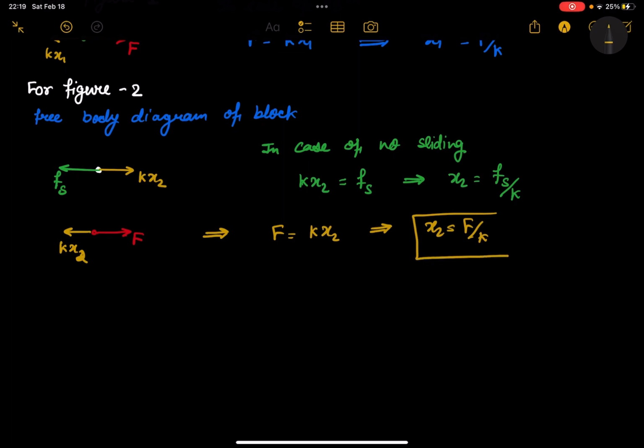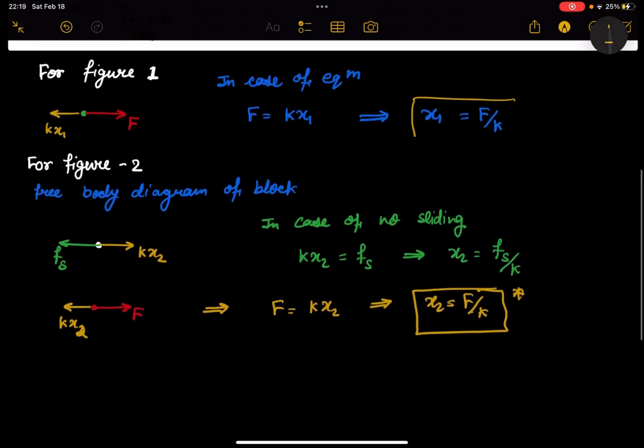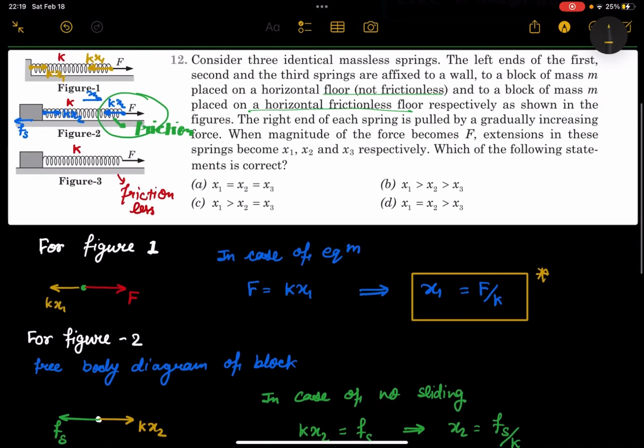So now you can say that x1 and x2 are both the same. So if the spring is connected with the block and the block is placed on a rough surface, the extension in the spring does not change if you increase the force gradually.